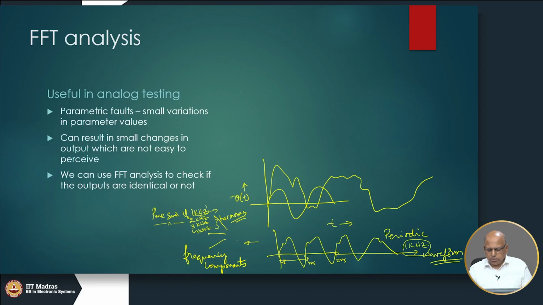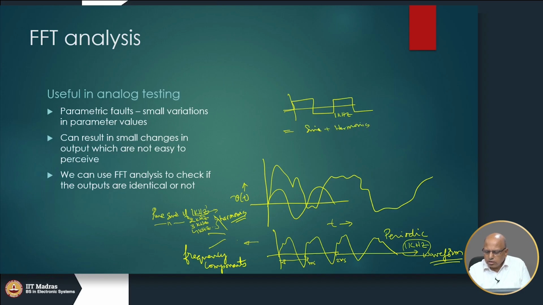So, any periodic waveform, in fact, if you take a square wave, let us say this is a 1 kilohertz square wave, we will be able to split it into a sine and a number of harmonics.